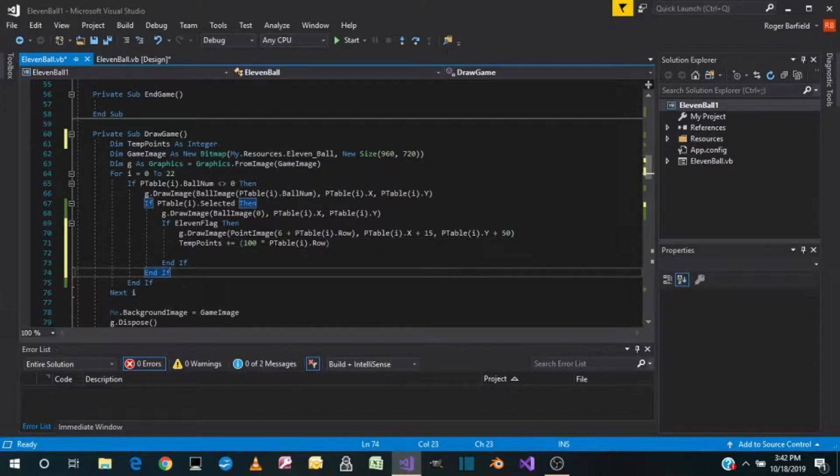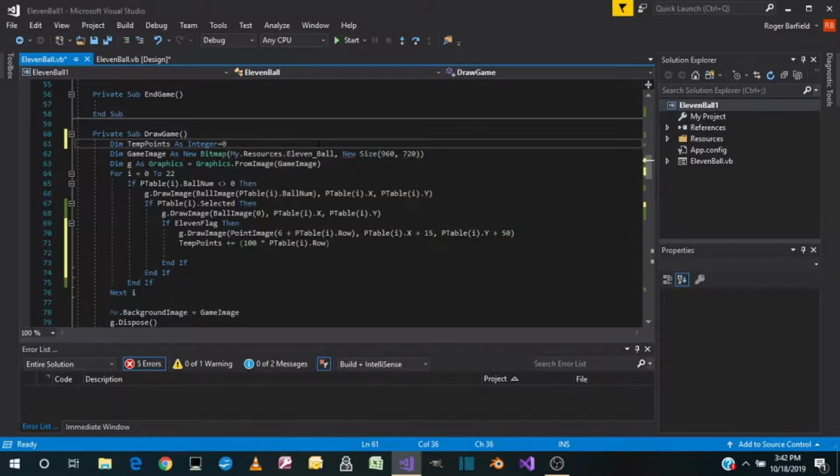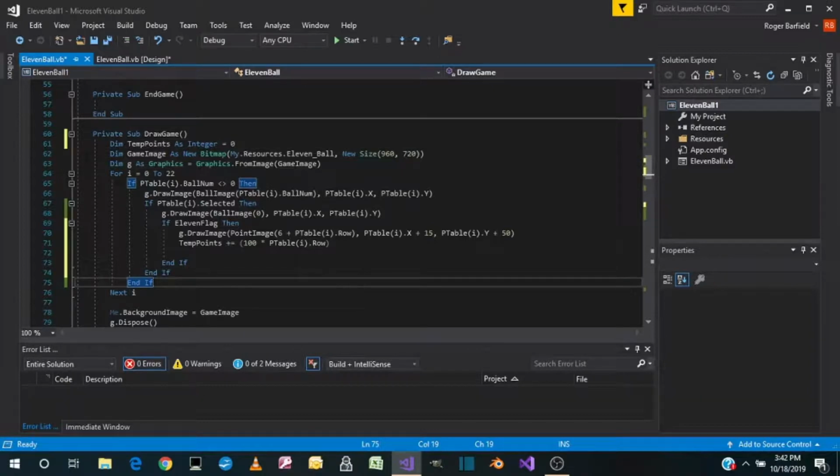Alright, so every time it comes in to draw, it says the temp points is 0.